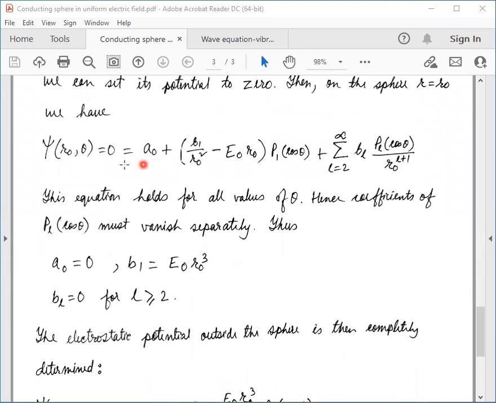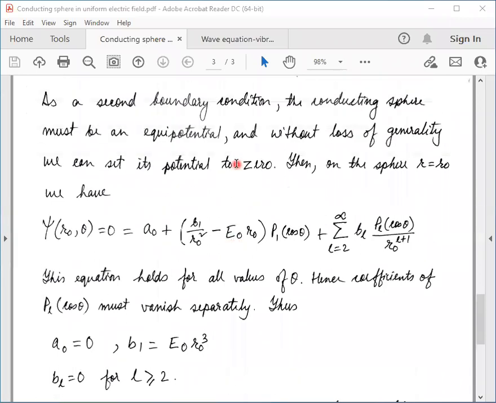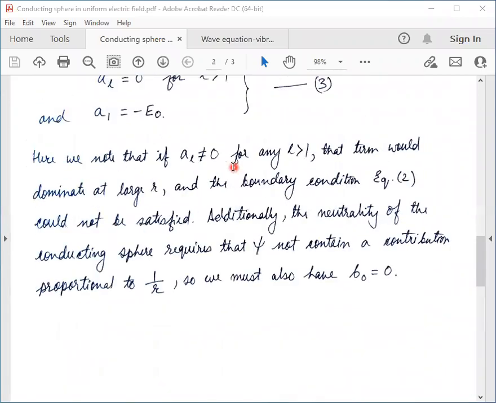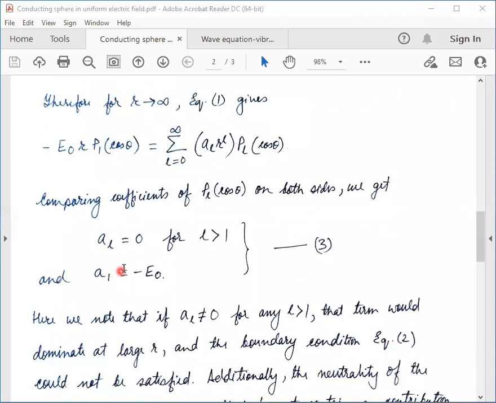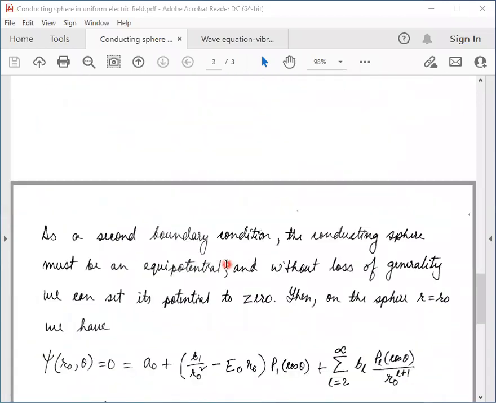So we get A0 plus B1 by R0 square, minus E0 times R0. This is A1, and A1 is minus E0.